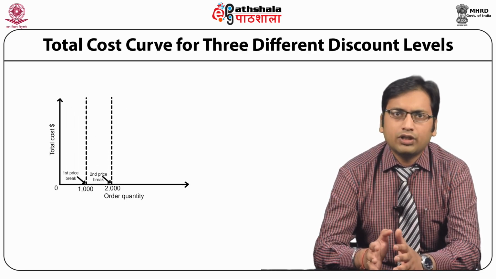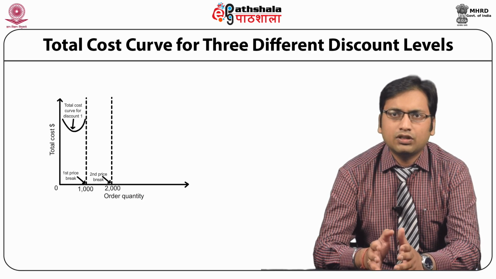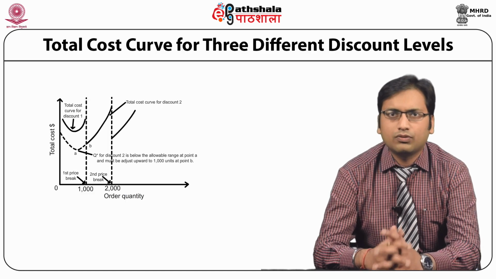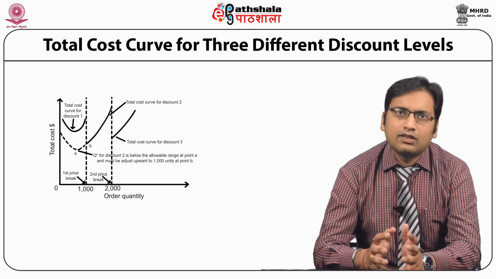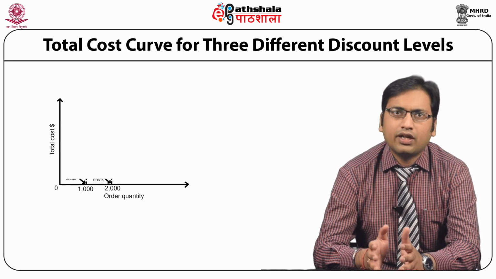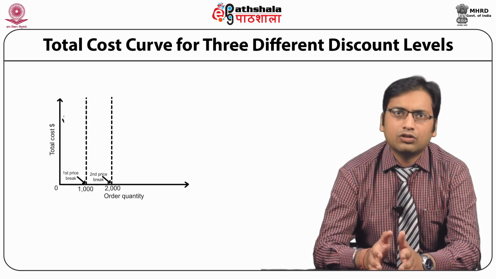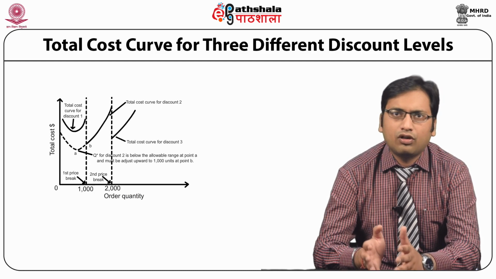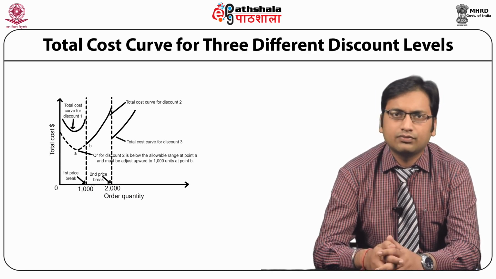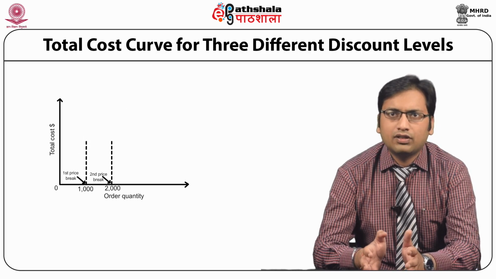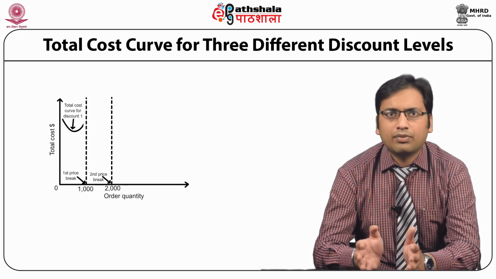The cost U-shaped curve for this situation is shown by total cost curve for discount 2. Lastly, at second price breakpoint occurring at 2000, total cost curve falls further as indicated by total cost curve for discount 3. The result is a total cost curve with steps at the price break.